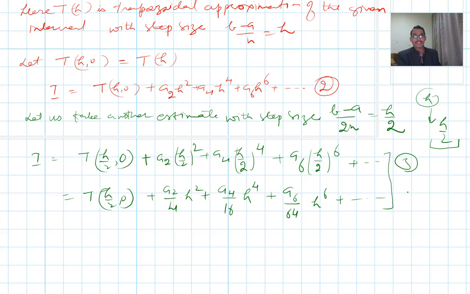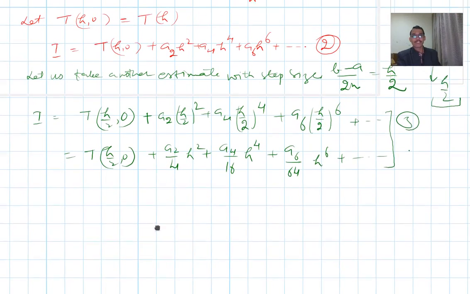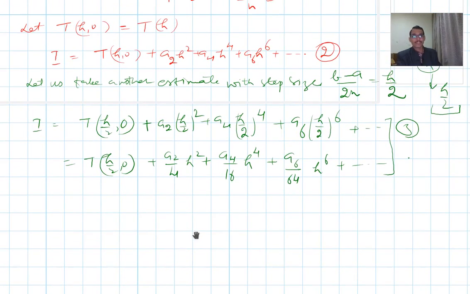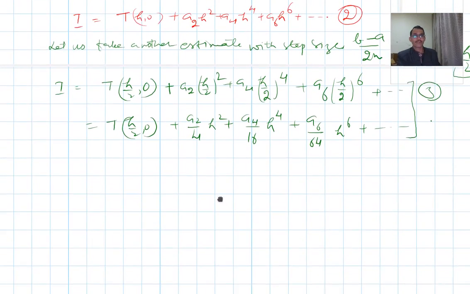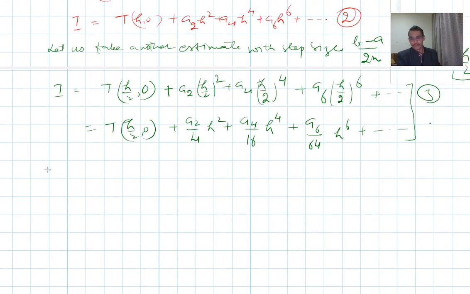So now we will apply an operation. What was that operation? Let us have a look at it. We will apply the operation, that is 4 times equation number 3 minus equation number 2.